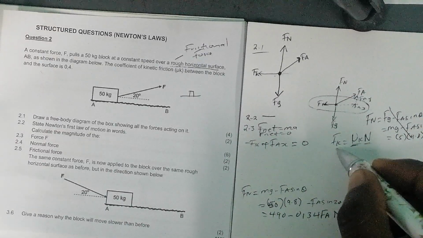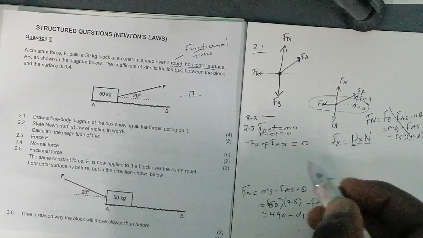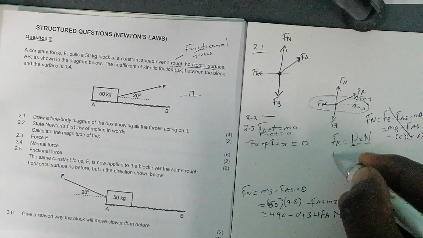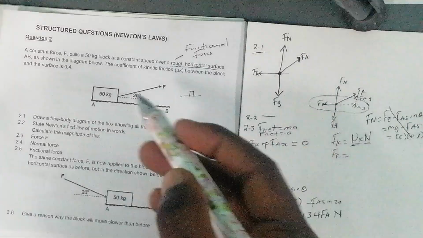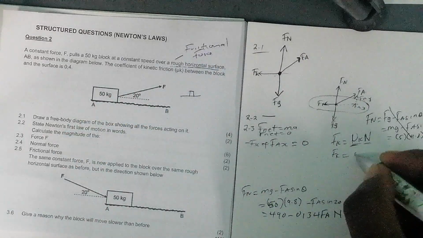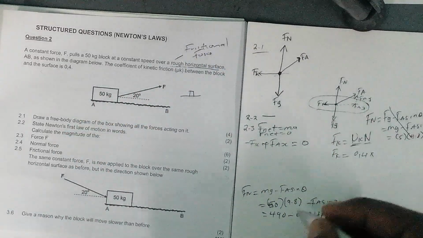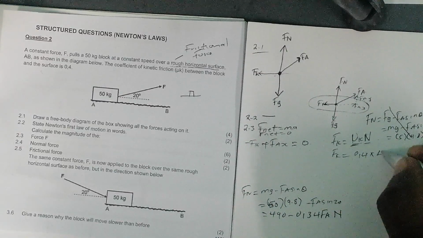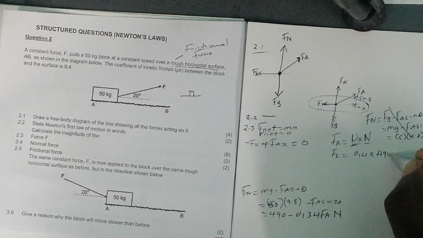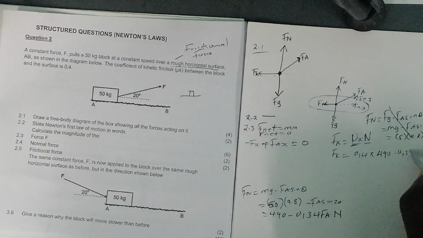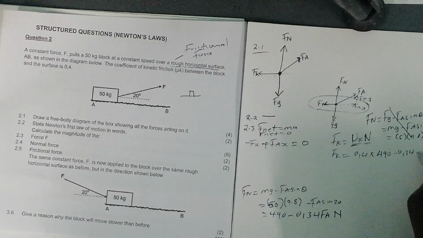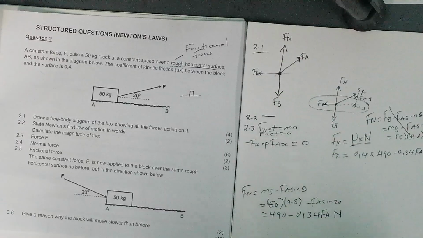Now, where does Fk go? We must put the value of Fk. We don't have it yet, but we can multiply mu k, which is 0.4, by the value of the normal force, which is 490 minus 0.34 Fa.